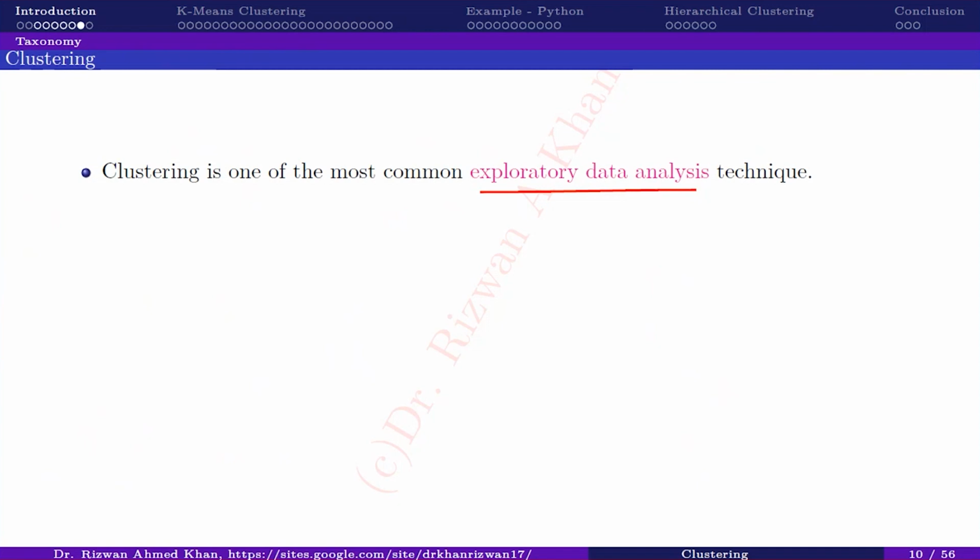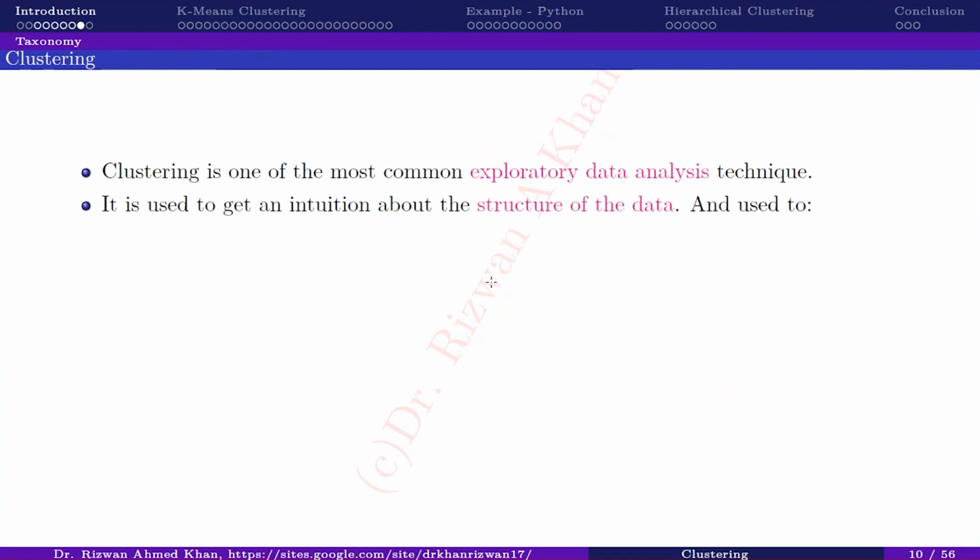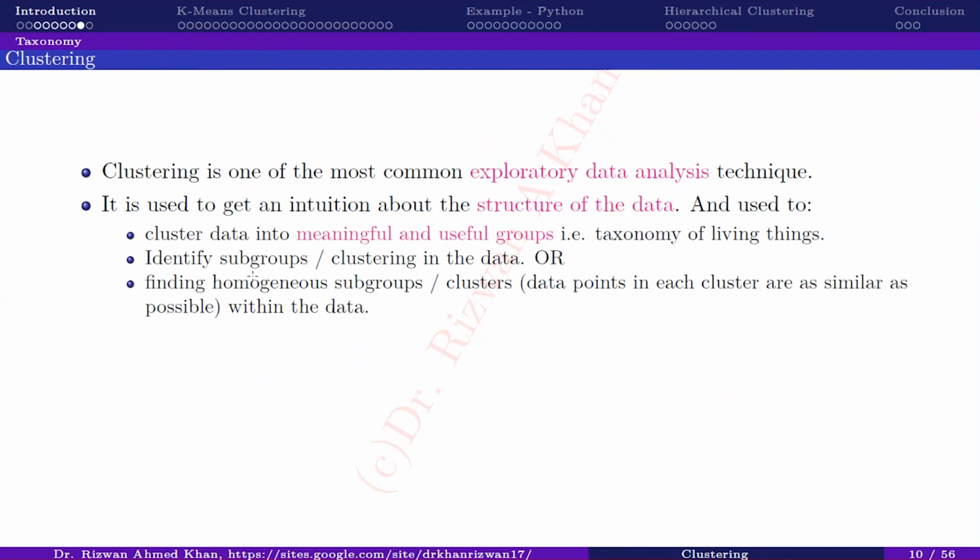So clustering is one kind of EDA that we can do even for a supervised machine learning problem. It is used to get an intuition about the structure of the data, which we have already discussed, and to cluster data into meaningful and useful groups.